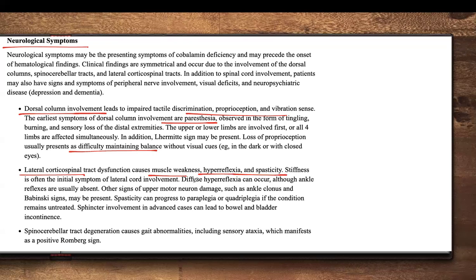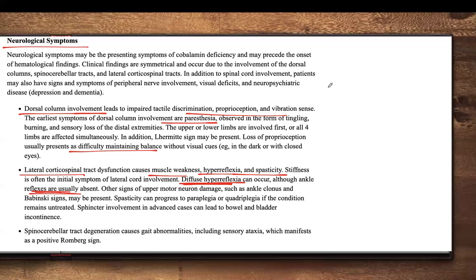Although this patient develops diffuse hyperreflexia, the ankle reflex sometimes will be absent. Why? The reason is that they lose sensation in the extremities. If they lose sensation at the ankle, if you know how we do the ankle reflex, you need to hit the tendon, right? Now, if they can't actually feel the hit, then the reflex will not be there.